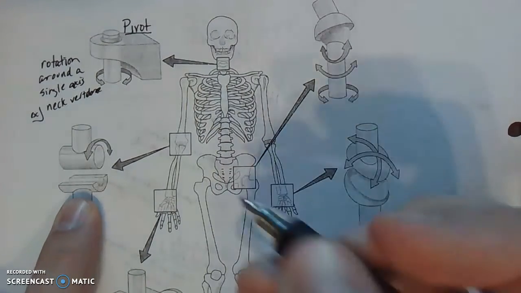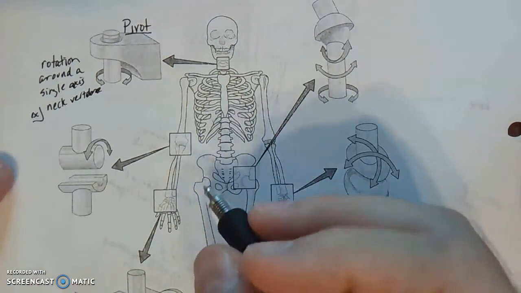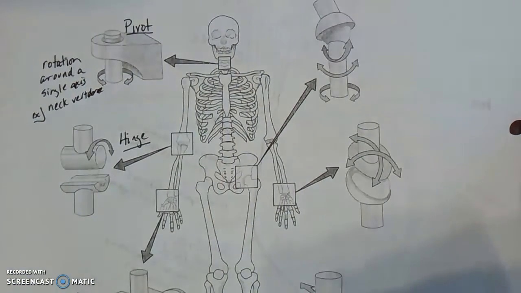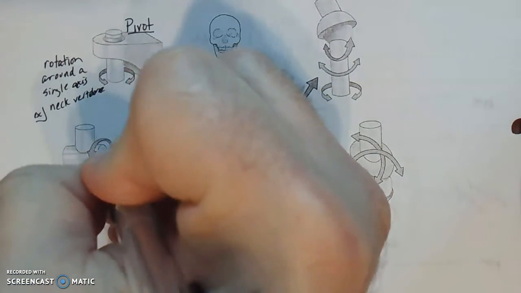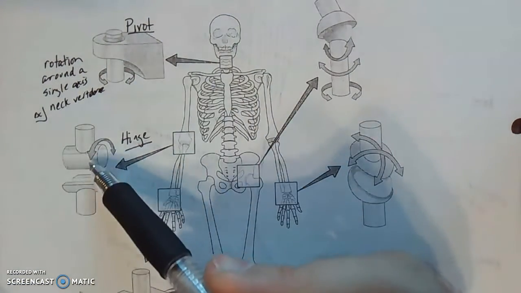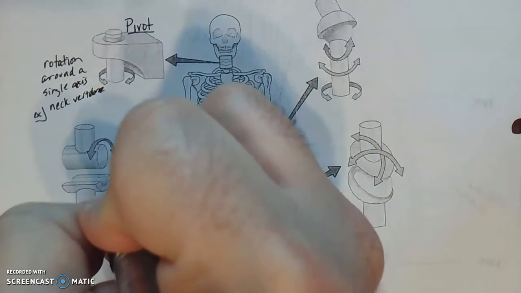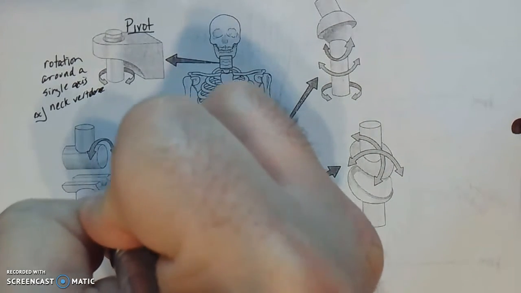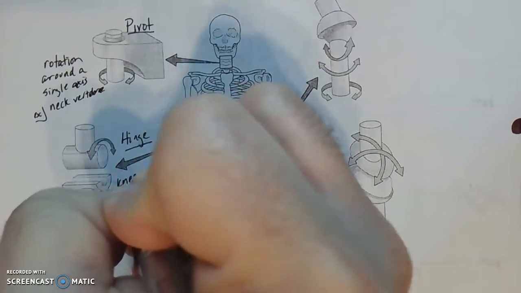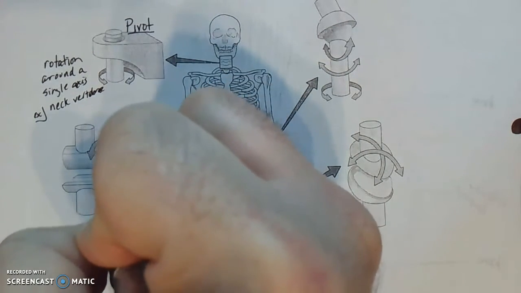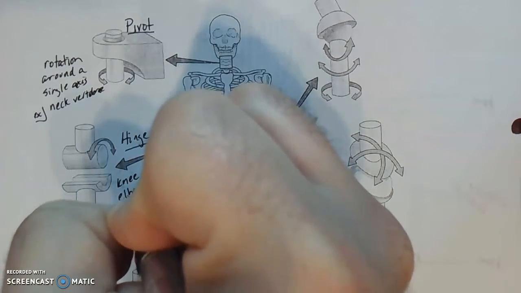This joint right here, the elbow, is a very good example of a hinge joint. This is also uniaxial because we have motion along one axis. So good examples of this, we have the knee, we have the elbow, and we have the fingers and toes.